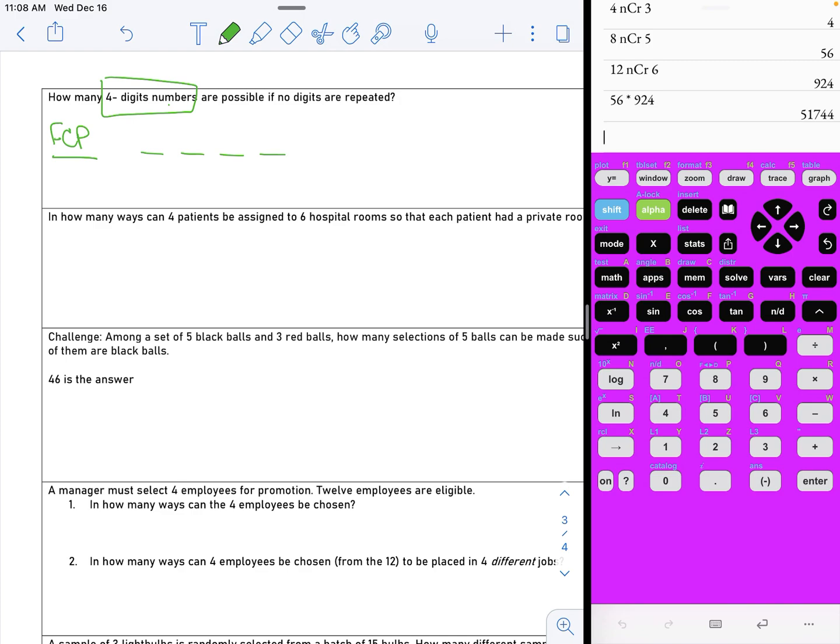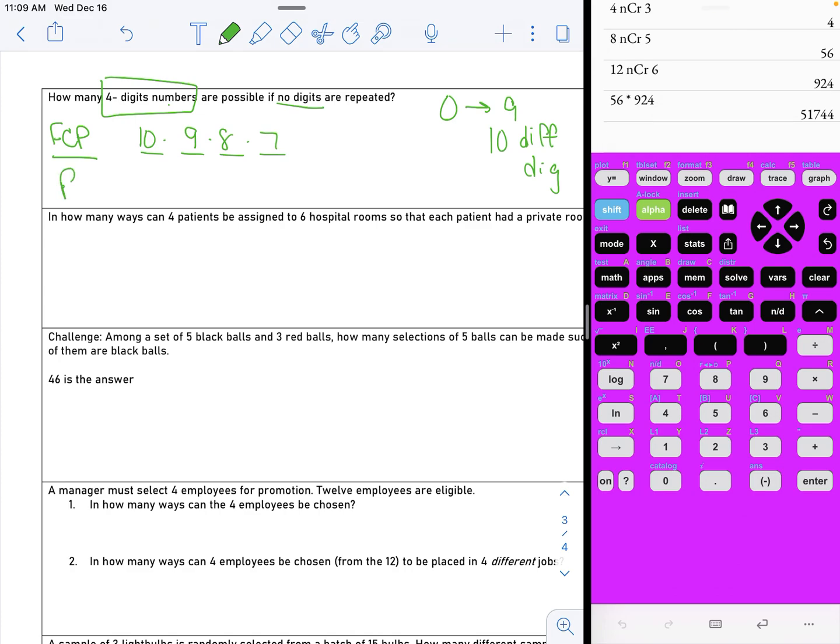So I know my digits range from 0 to 9, right? That's 10 different digits. We talked about this. So for the first number, I have 10 options. When I make my second, because no digits are repeated, I'm down to 9, then 8, then 7.